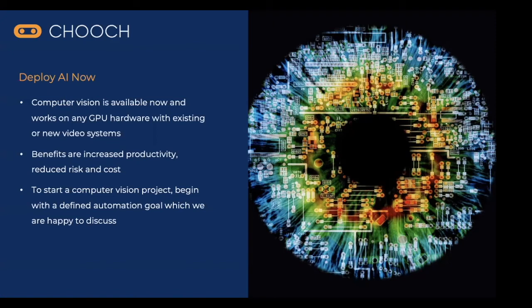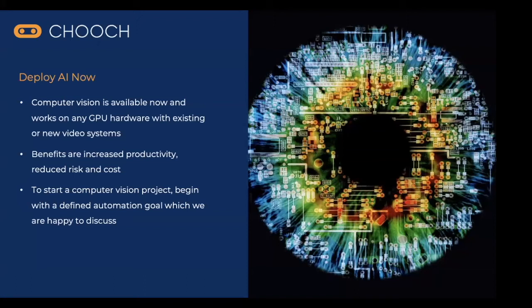So it's available today on GPU hardware with existing or new video systems as discussed. But in the next couple of weeks, we'll be making an announcement on other CPU devices as well, and running on Windows as well, which is a major breakthrough for our ecosystem.